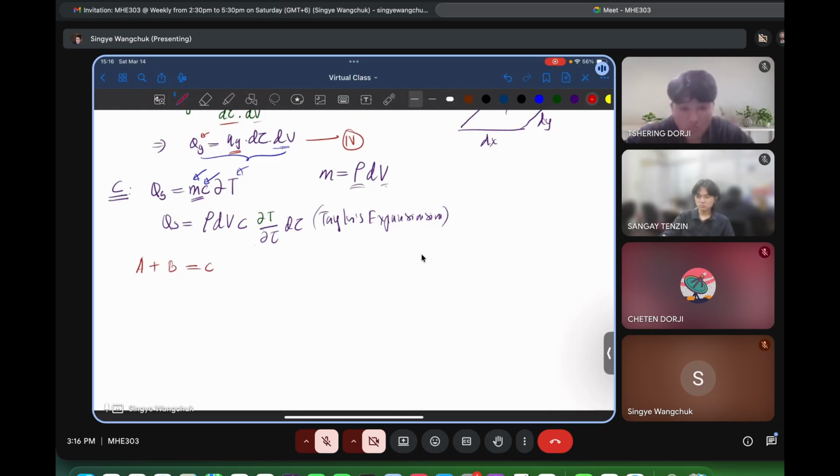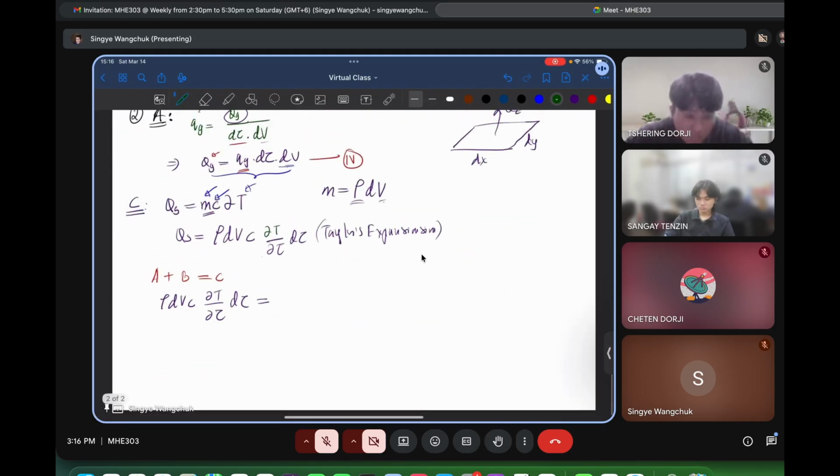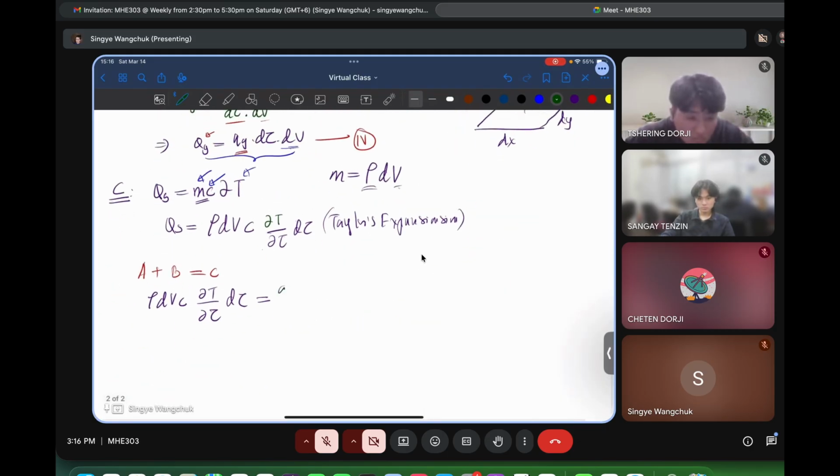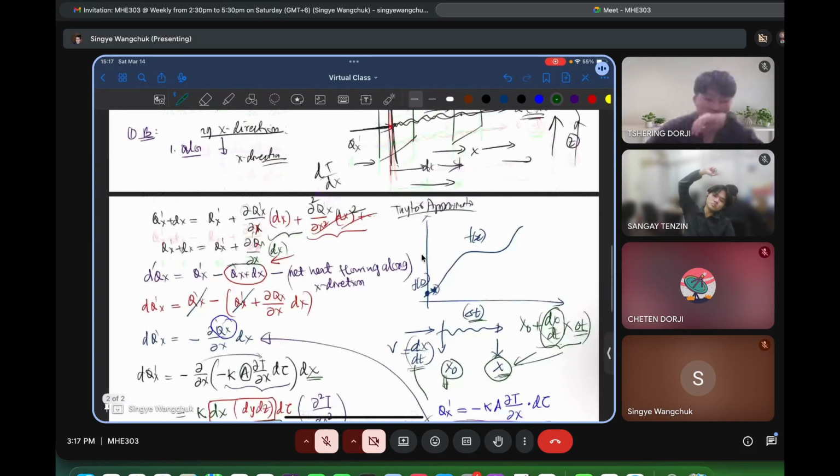So for the value of C, we have rho dV C dT upon d tau times d tau equals to Qg d tau dV plus, and here k is the same value we use because we are treating this as the same material.